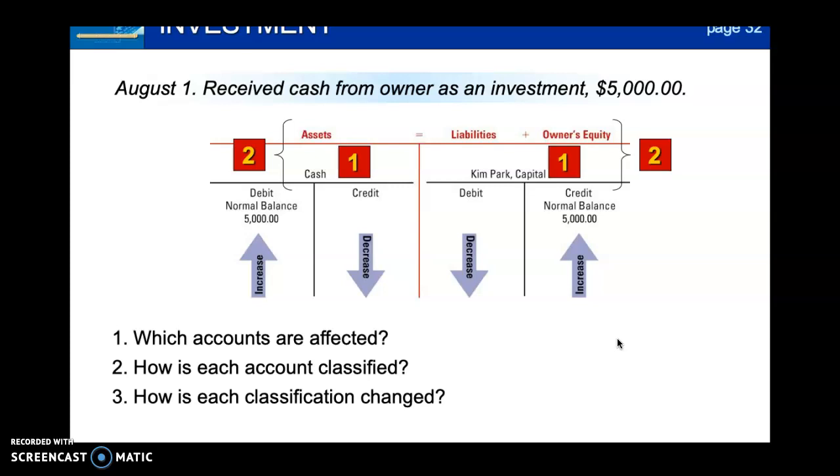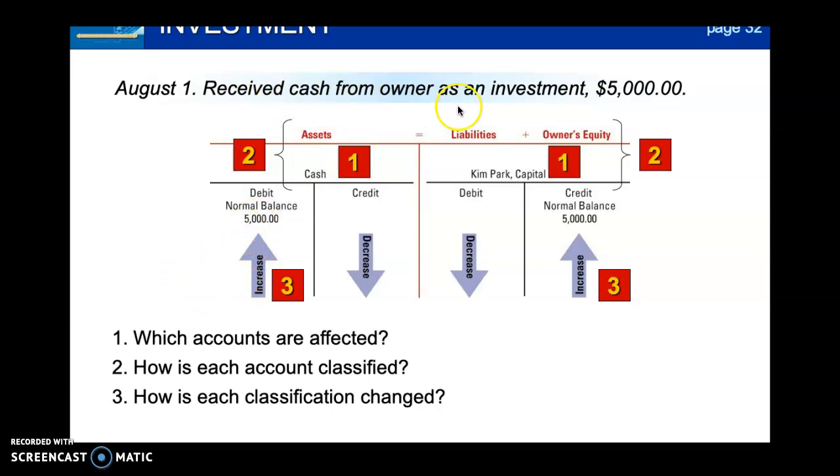The next thing is how is each classification changed? What they're saying here is what's happening to cash and what is happening to capital. Well, if you receive cash, that means you're gaining cash, so cash is going to go up.